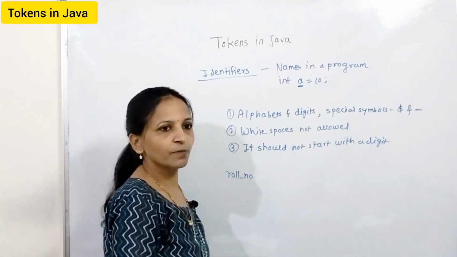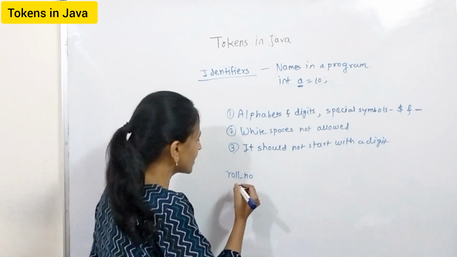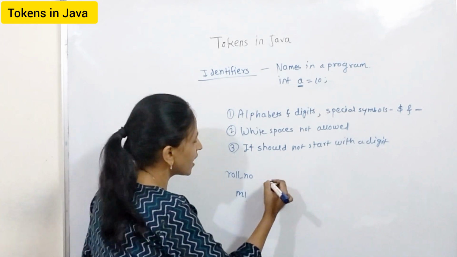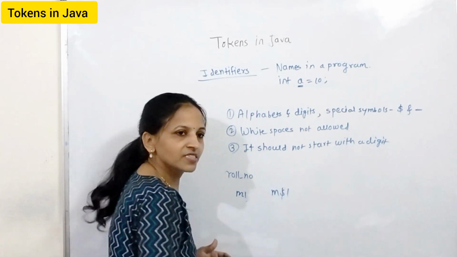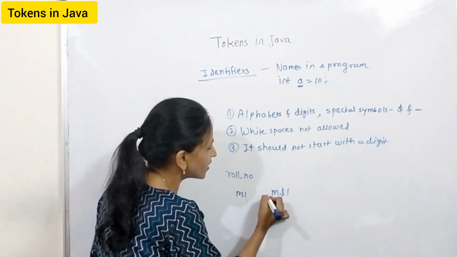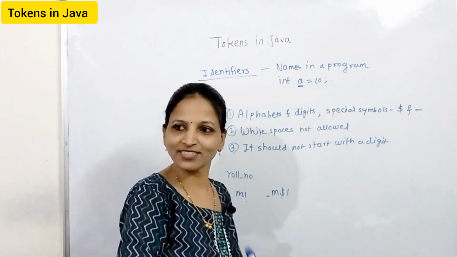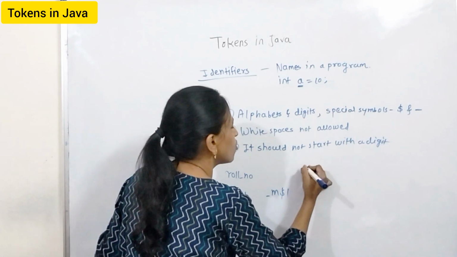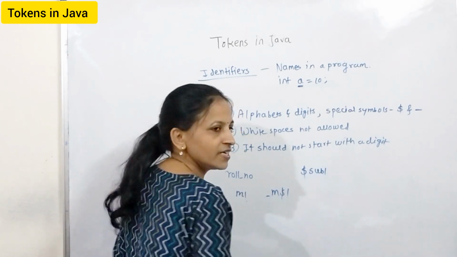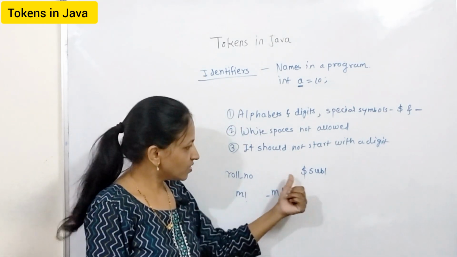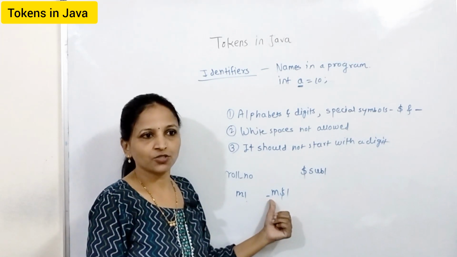If I want to store marks of a subject of a student, then I can write M1, it is okay, $1, it is again okay. This is a valid identifier name. If you are giving underscore $1, again it is fine. These special symbols are allowed. You are writing $sub1, again it is fine. It can start with an alphabet. This is a dollar symbol, this is underscore, everything is allowed.